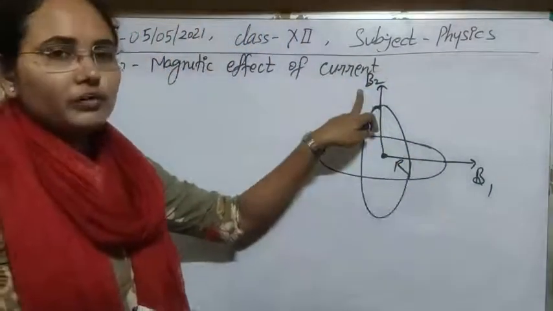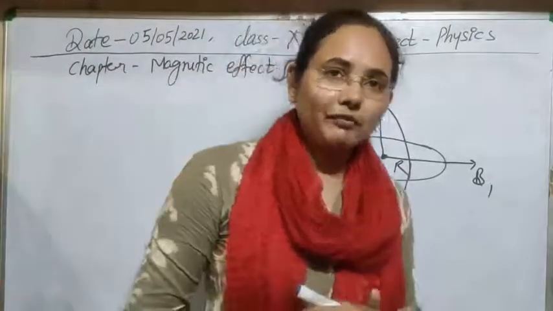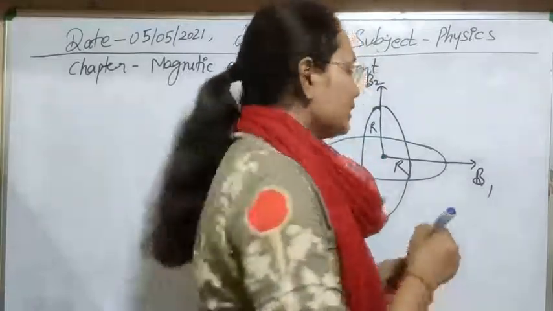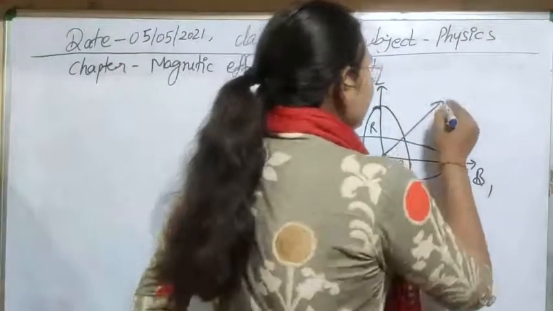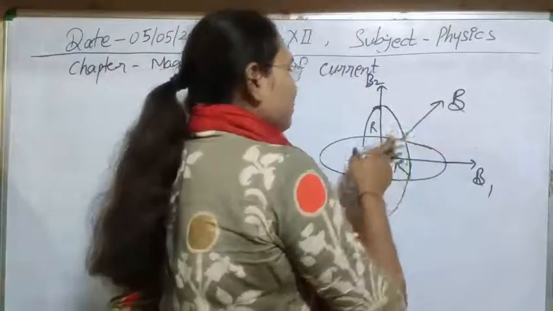So B1 and B2 we have, and if you take the resultant of two vectors that are perpendicular to each other, then its resultant is in this direction. So this is the resultant B that will be in this direction.